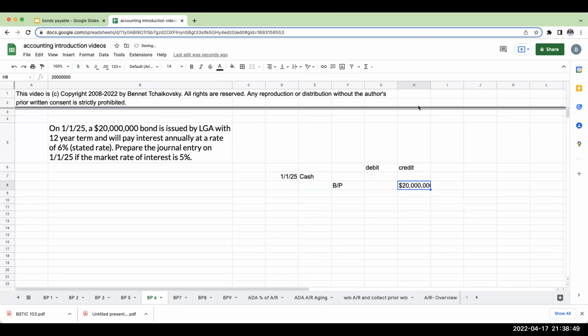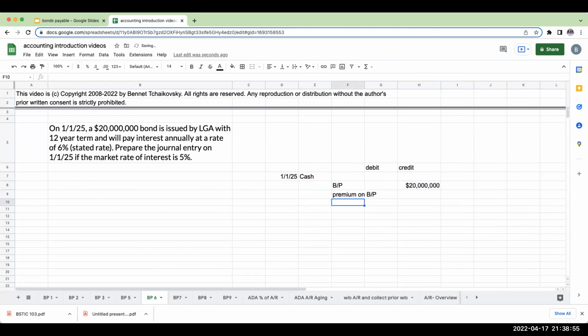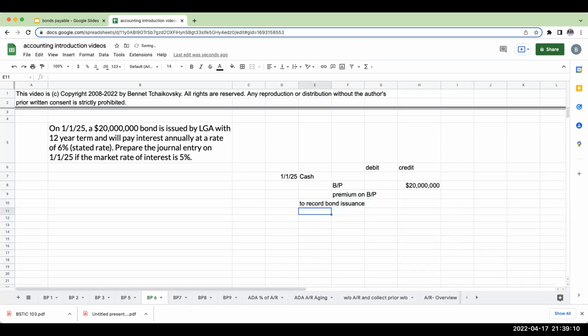And then I'm going to have a premium on bond payable, because the amount of cash I receive should be higher. So let's go ahead and do it. This would be to record bond issuance.